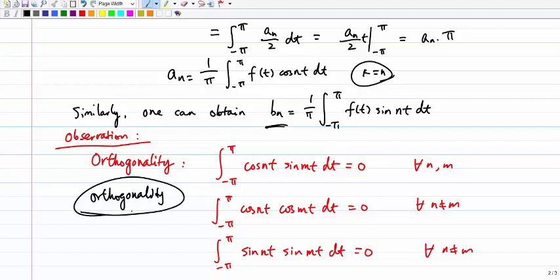What orthogonality means is that the integration from negative pi to pi of cosine nt sine mt will be equal to 0, no matter what n and m are, as long as they are positive integers. It's always 0. Okay, it's orthogonal, right? The product will be 0. It's like the dot product: when the dot product is 0, they are orthogonal.